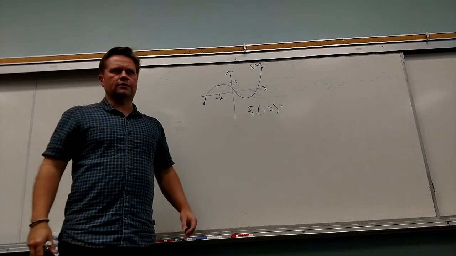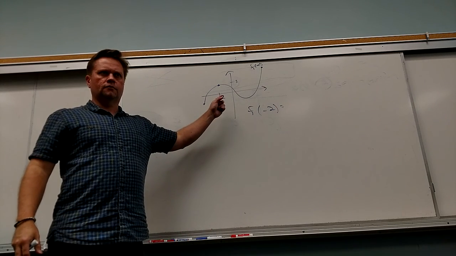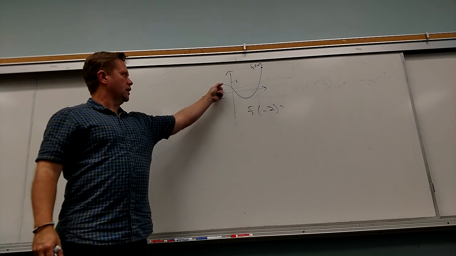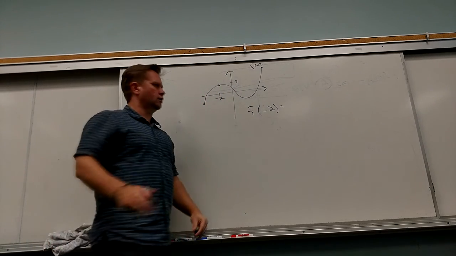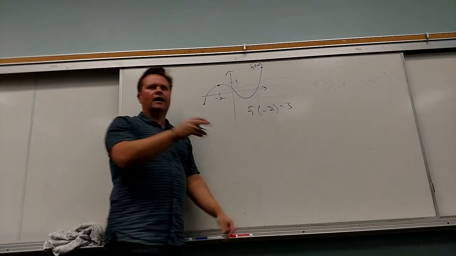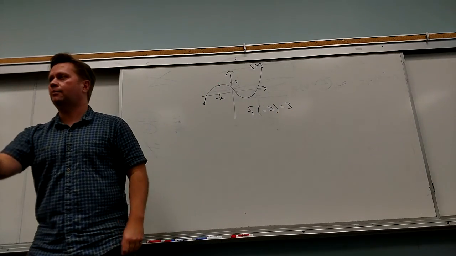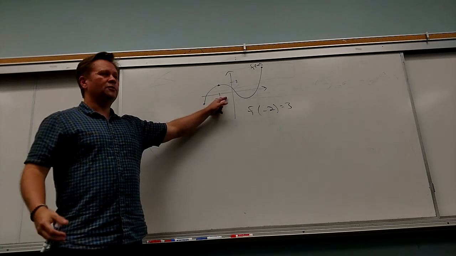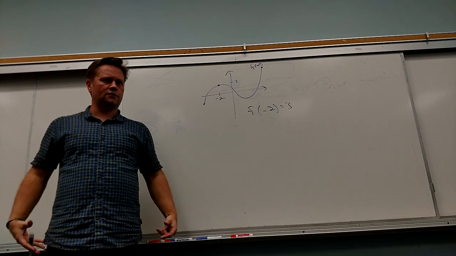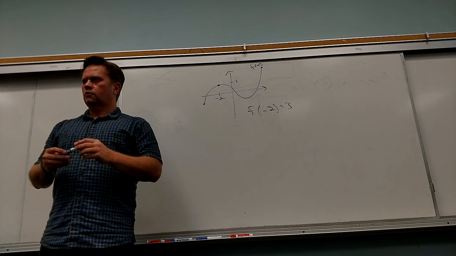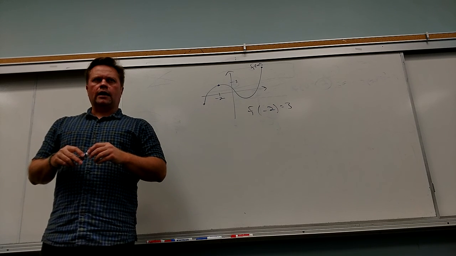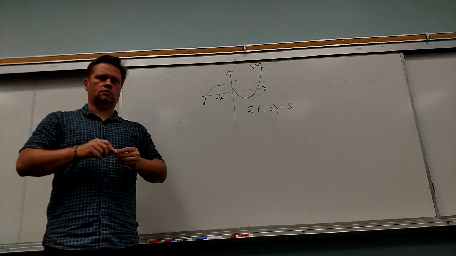Well, I know what it is, because I know where they put the point. For an input of negative 2, what's the output? 3. That's it. If I had a function, I'd put something in and plot that point. Well, I have a collection of points, that means I have a collection of answers. They give me all the answers, that's awesome. I like it.